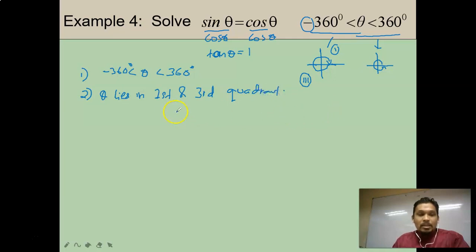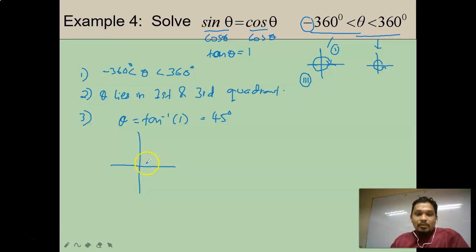Then next is find the basic angle. Basic angle theta equals arctangent of 1, which equals 45 degrees. Now theta lies in the first and the third quadrant, 45 here and also 45 here.